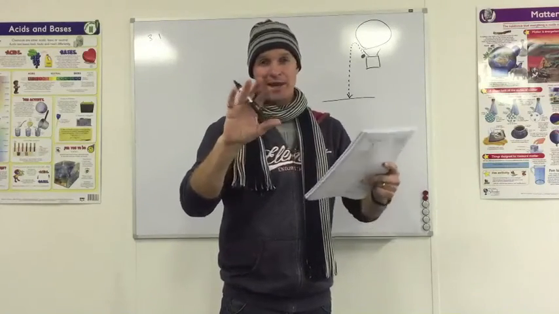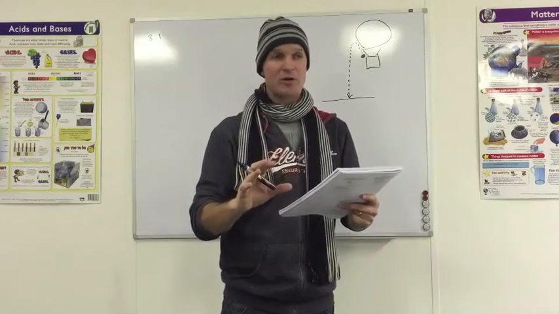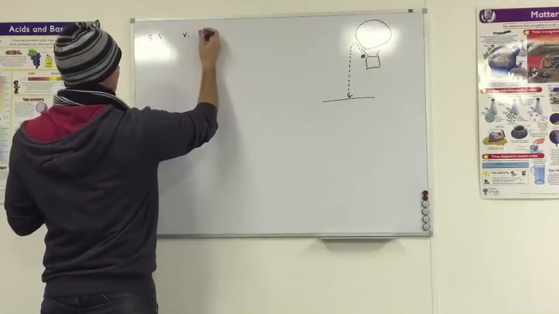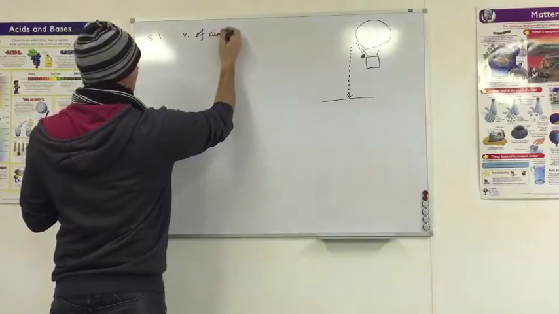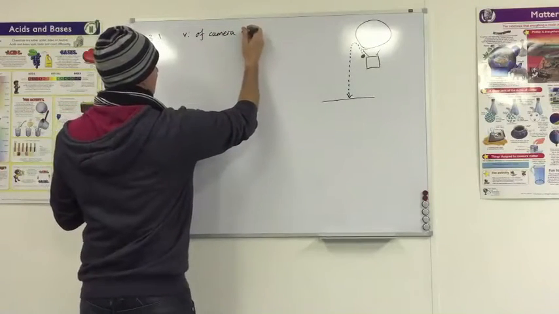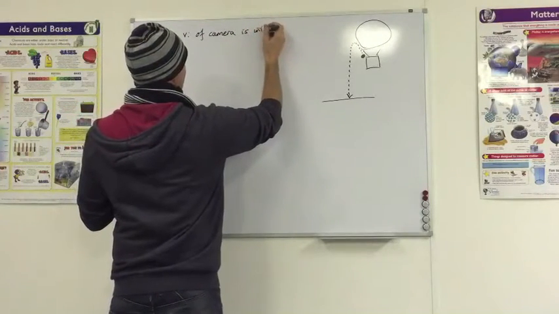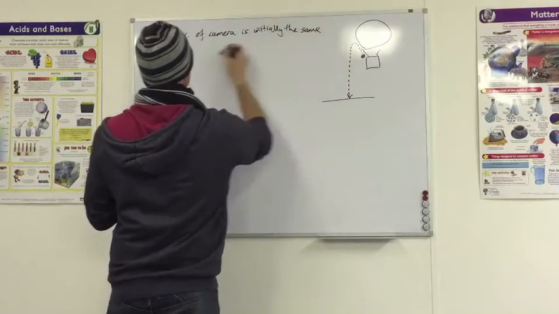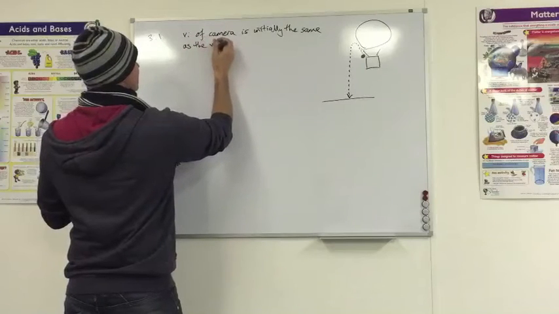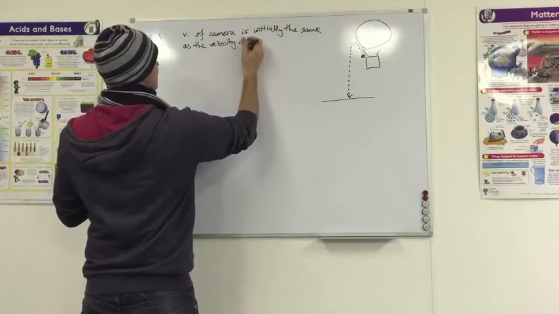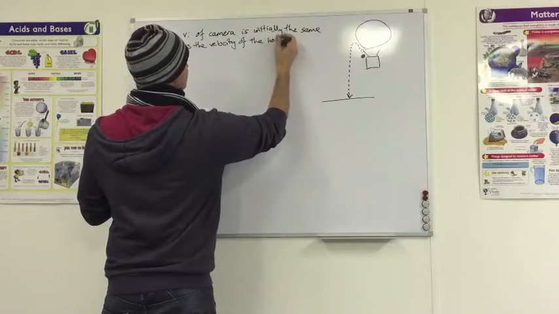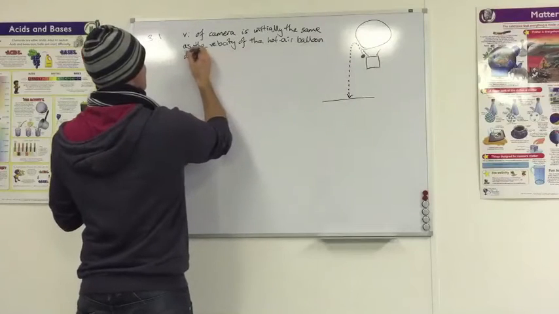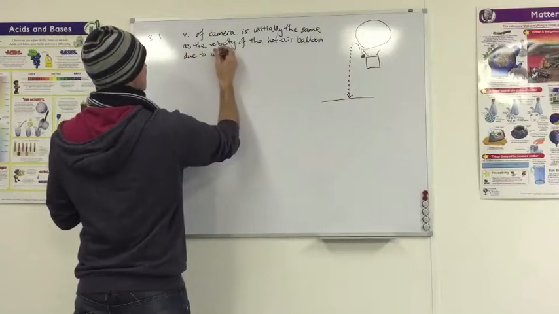What you could do to relate it to the balloon scenario is to say something like, VI of camera, I'm just going to write in shorthand here, is initially the same as the velocity of the hot air balloon, due to inertia.